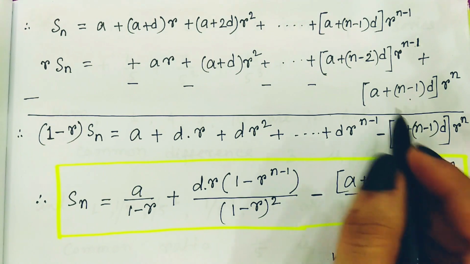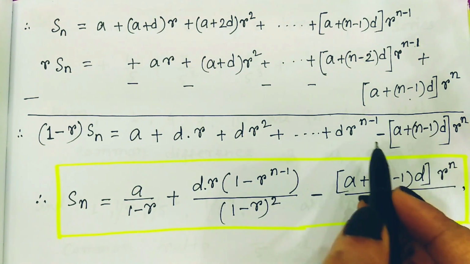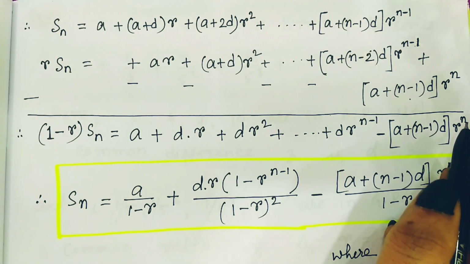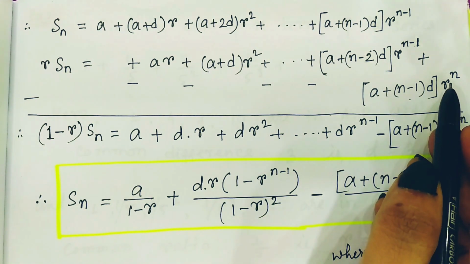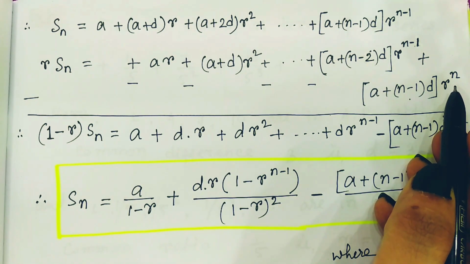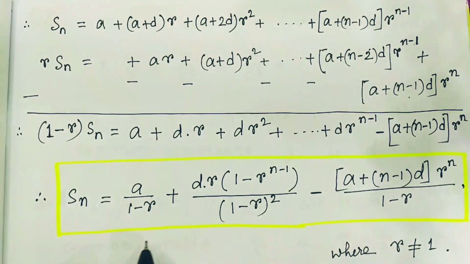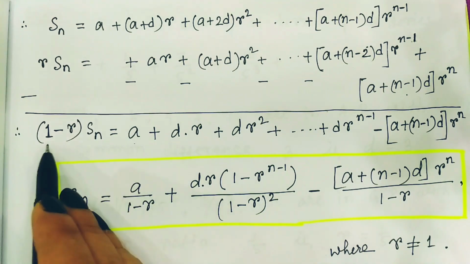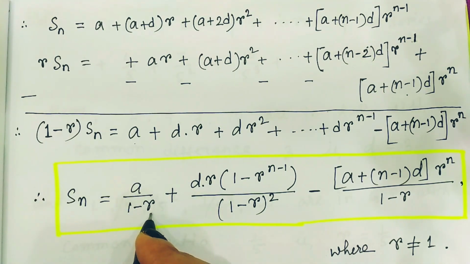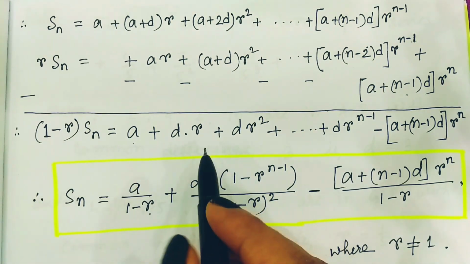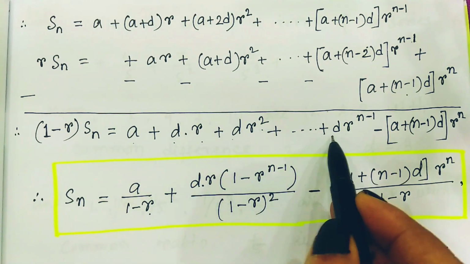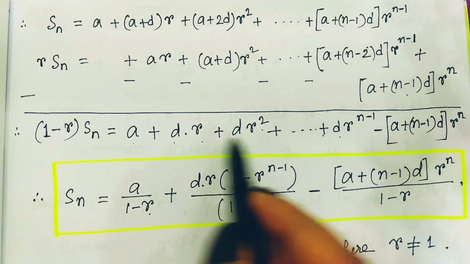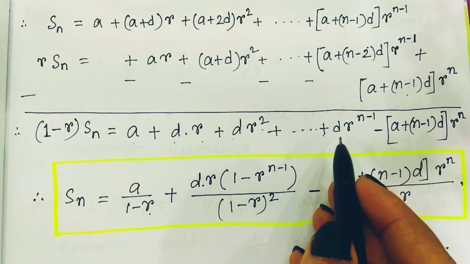Just look here, the last term we write as minus of A plus n minus 1 into D into R to the power n. It is R to the power n because we have multiplied by one R here. So now, how do we find Sn? Just look, A divided by 1 minus R we should write. Here no confusion. Now this DR square, in this way up to DR to the power n minus 1, this one is a GP series now.